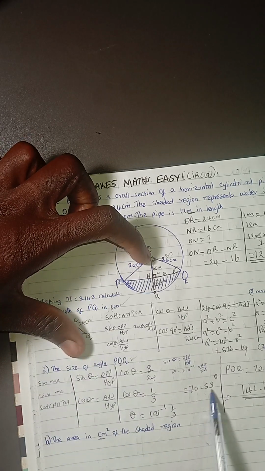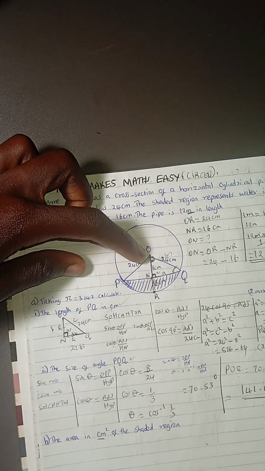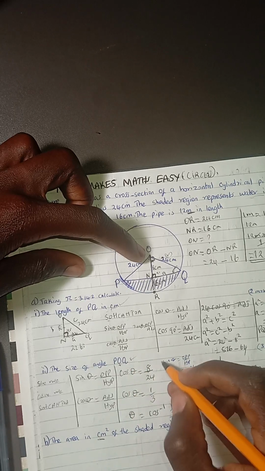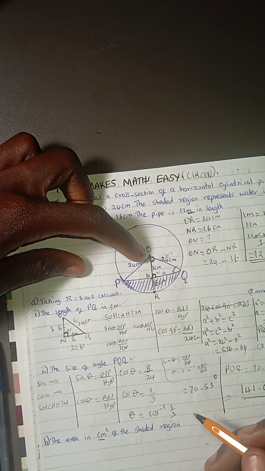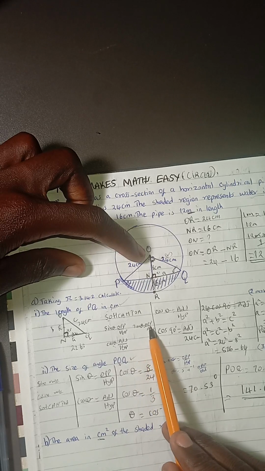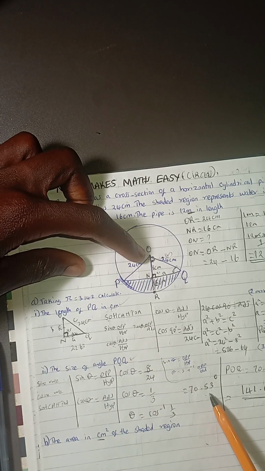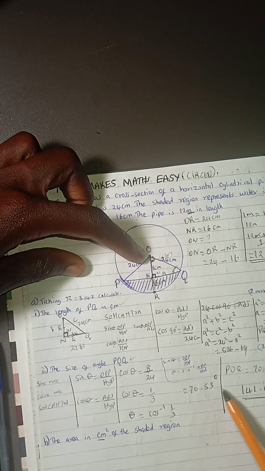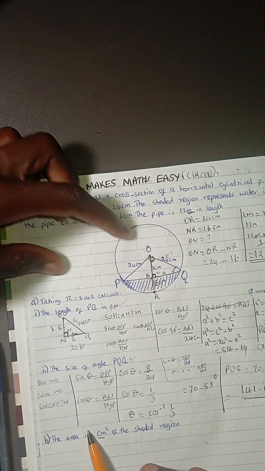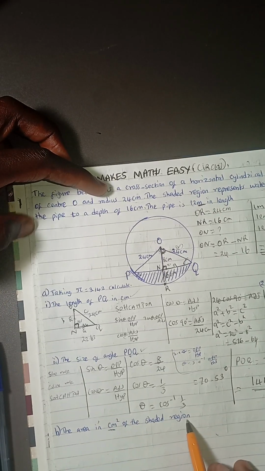You see, 70.54 degrees is just an error in the decimal places, so it's correct. I have confirmed with the sine, and it gives us the same answer. Even if you confirm with tan theta, which is opposite over adjacent, it will give you the same answer, 70.53 or 54 degrees.